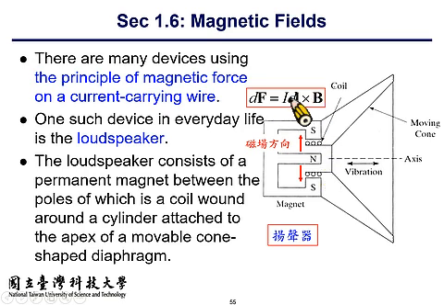Remember, using this relationship, the magnetic force experienced by this coil is IDL cross B. At this position, the IDL is flowing this way, and the magnetic field is pointing upward. So the force shall pull the membrane to the left.